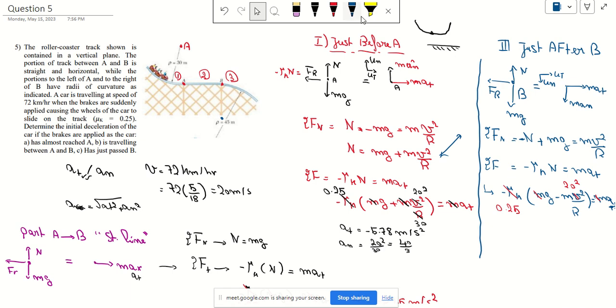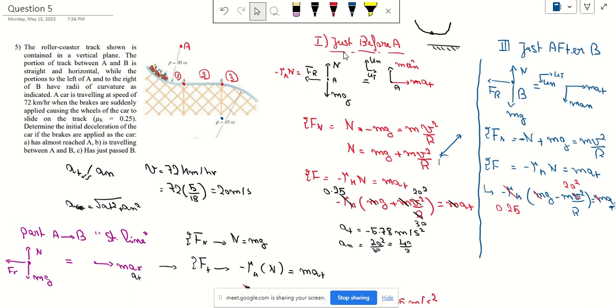But if it is on a circular track, you have AT and AN. If it's on a straight line, AN will be 0. If I'm saying that I'm moving with a constant speed, AT is equal to 0. Constant speed, AT is equal to 0. Moving in a straight line, AN is equal to 0. Constant speed and moving on a straight line both mean that the total acceleration is equal to 0.